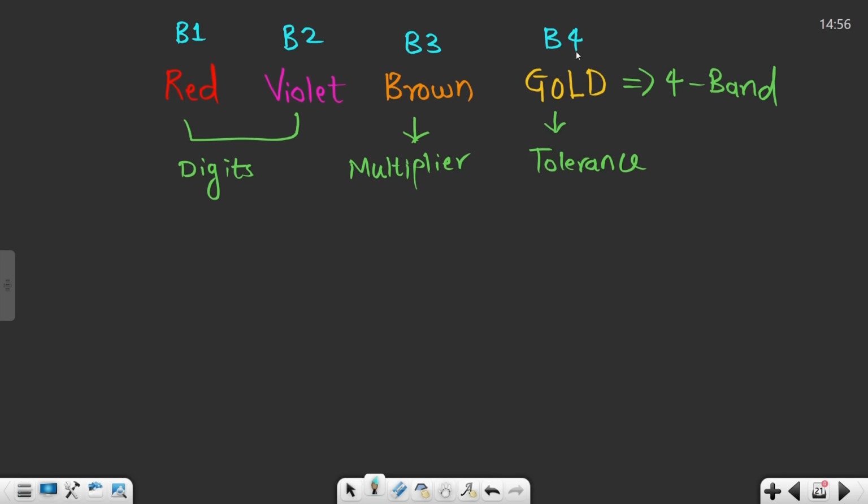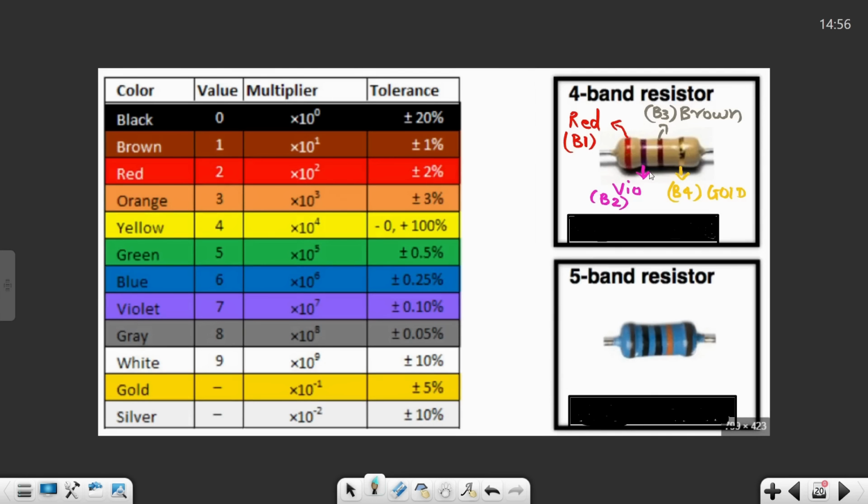As I had clearly mentioned, there should be enough amount of gap. Between band 3 and band 4 there is a huge gap, whereas the gaps between band 3 and band 2 and between band 1 and band 2 are quite less. So by default this gold band becomes my last band. Great. Now let's try to find out the value.